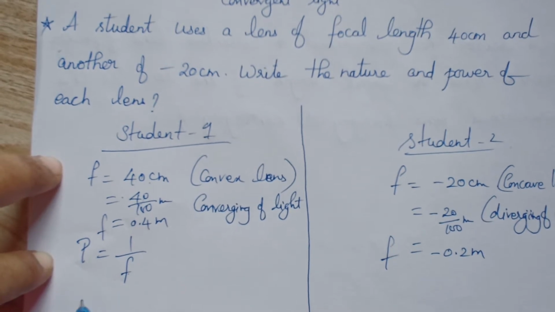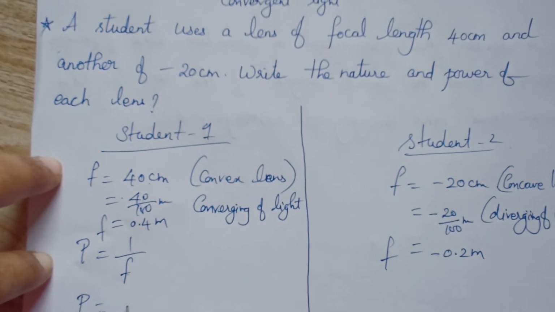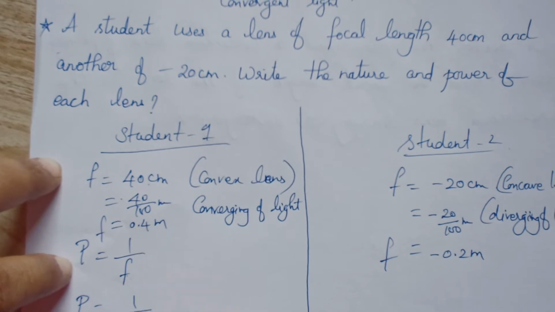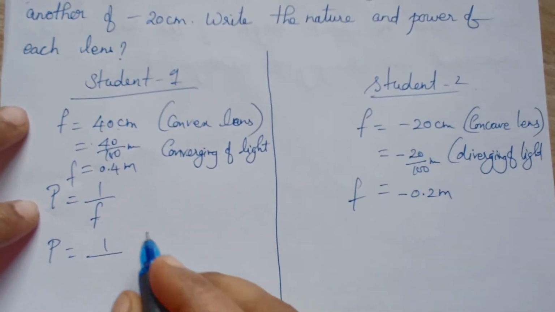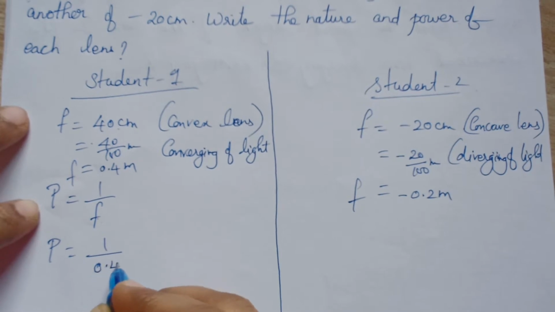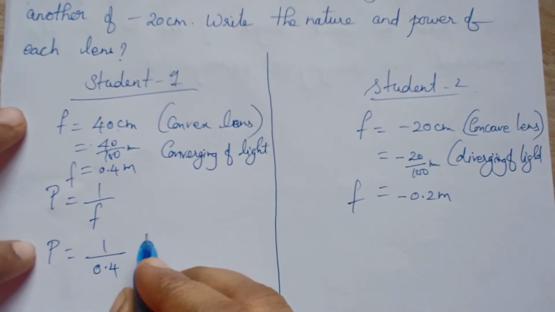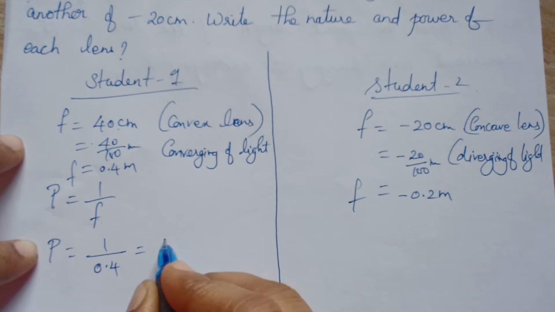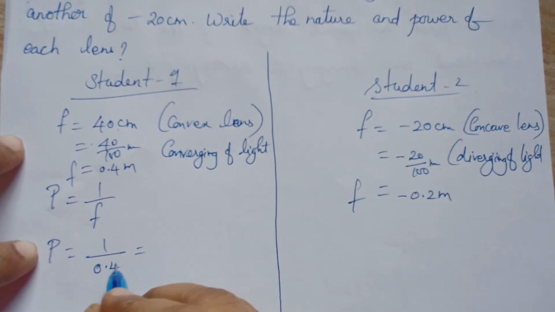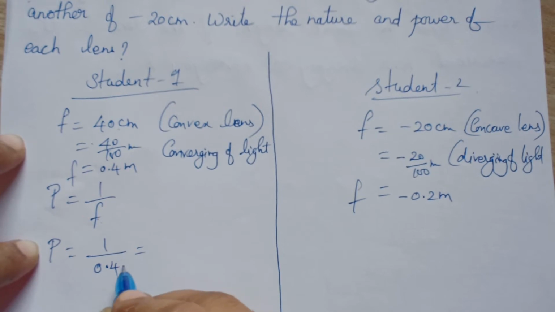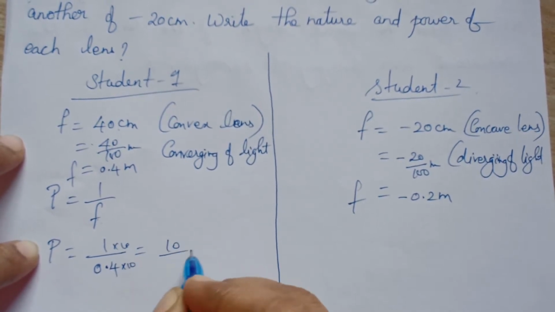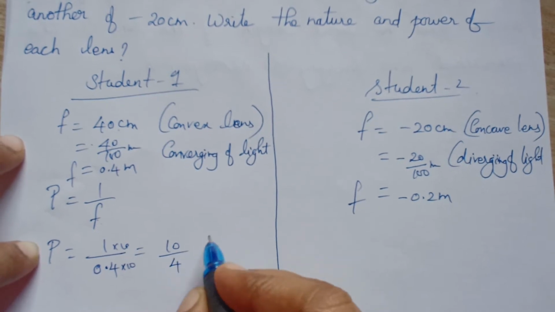Okay, so P is equal to 1 by f, the value is always substituted in meters. 1 by 0.4, you cannot divide like this, so we need to remove the decimal point. So here I am multiplying by 10, here also I am multiplying by 10, 10 by 4, right?